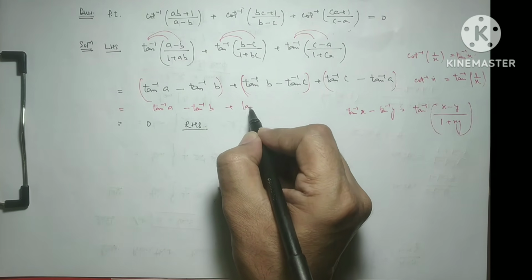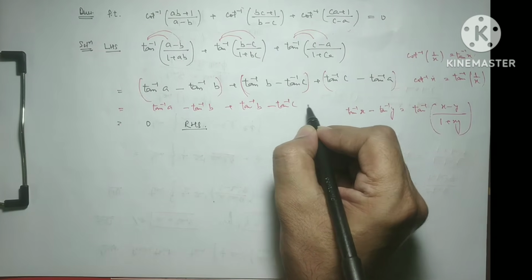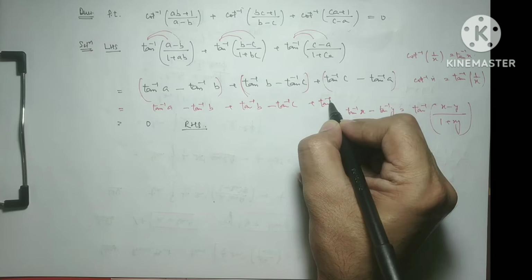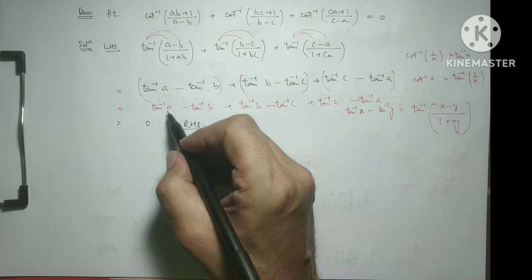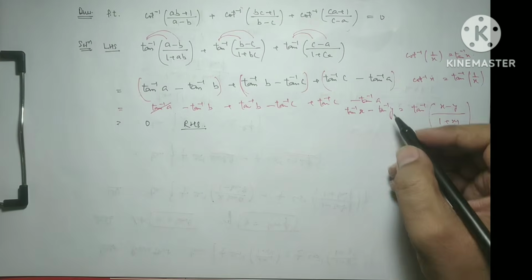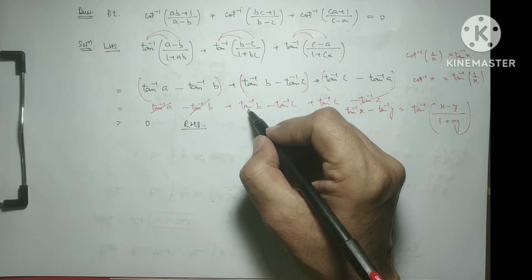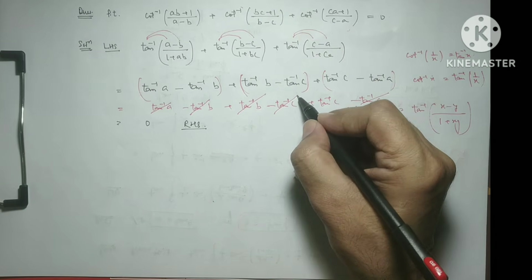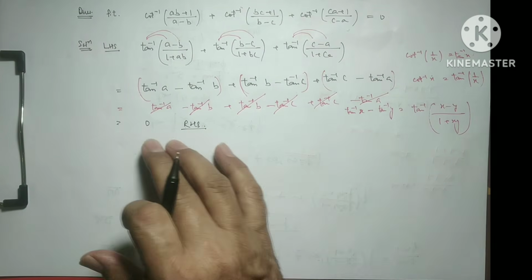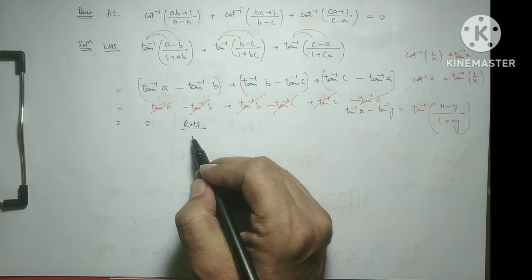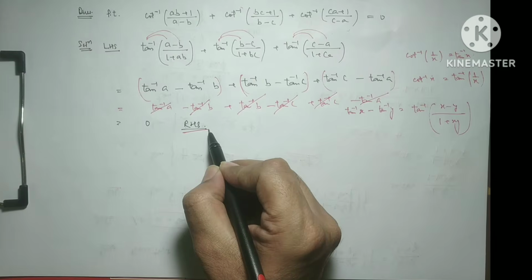This is tan inverse B minus tan inverse C, tan inverse C minus tan inverse A. Now this is positive tan inverse A, this is negative tan inverse A. Cancel out. Tan inverse B with negative sign, this is with positive sign, and these are negative and positive tan inverse C. So the result will be 0. So our right hand side is 0, hence proved.